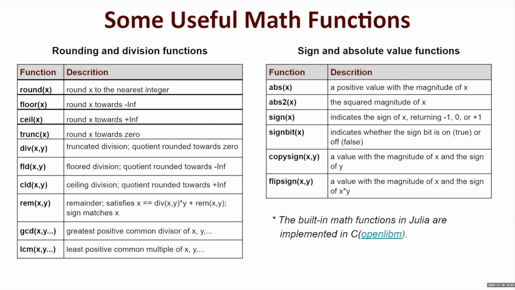You can implement your own functions, any mathematical function you want. But here, these are built in with Julia. You download Julia, and these are something you can use directly without external packages. The built-in mathematical functions in Julia are implemented in C, just for the sake of performance. It's pretty fast.